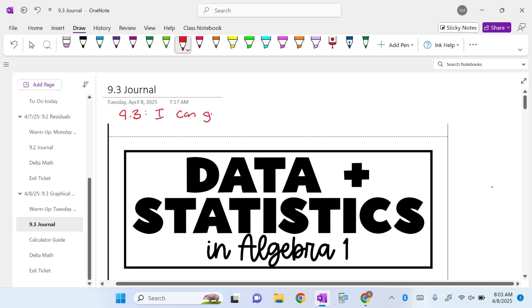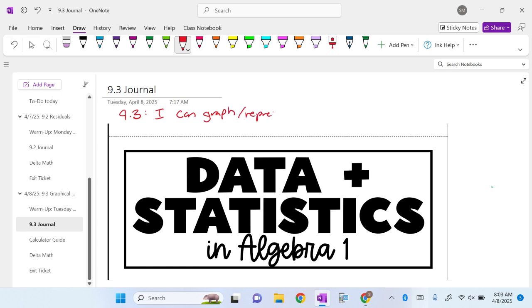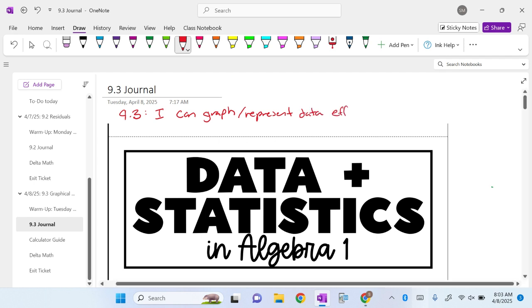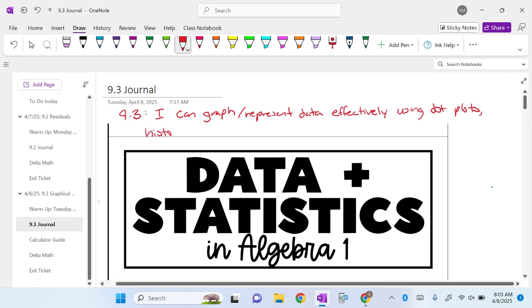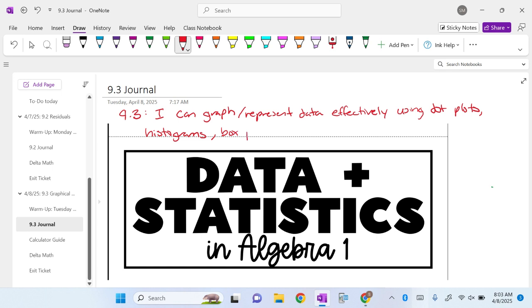It's: I can graph, dash, represent data effectively using dot plots, histograms, box plots, and two-way frequency tables.